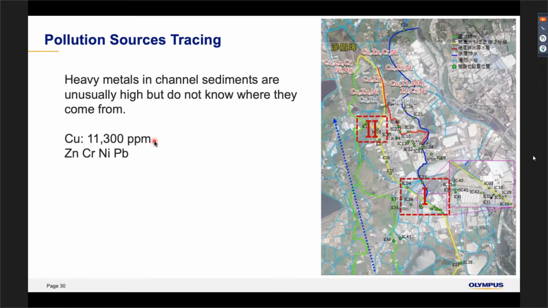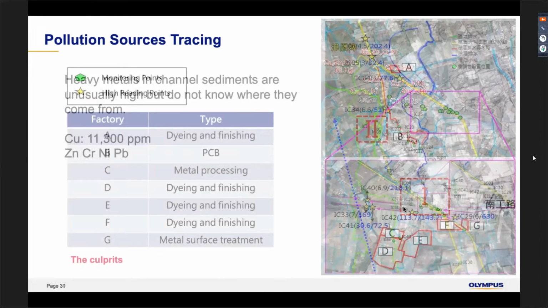In this picture, we can see that we have placed a large number of tiers along the channel and the branch canal.